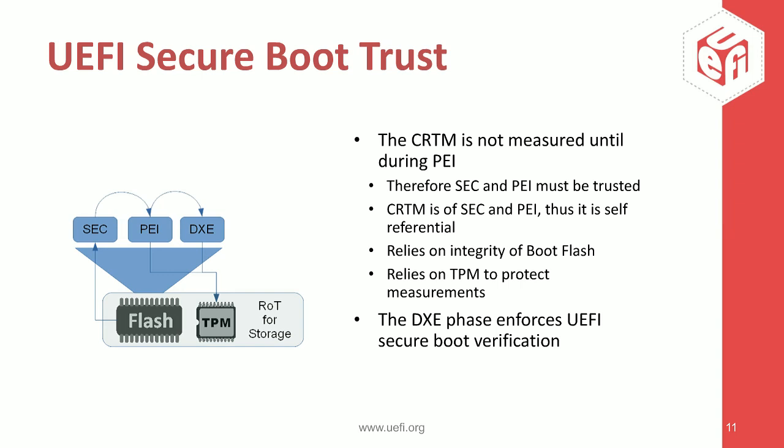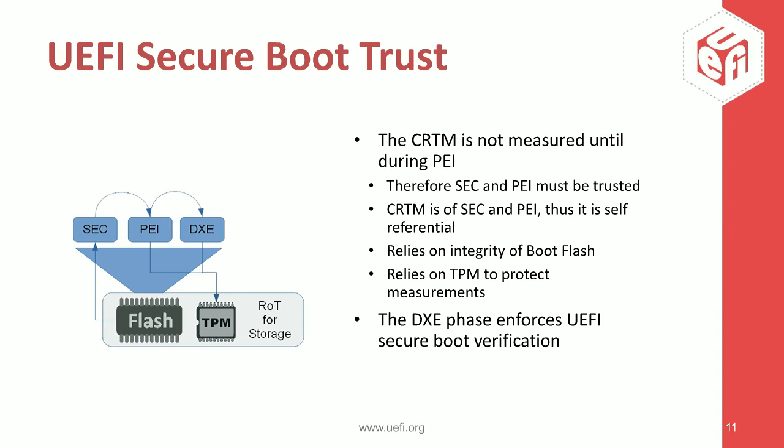The CRTM, core root of trust for measurement, is not measured until during the PEI. So it means that the SEC and PEI code has to be trusted. But the CRTM is of SEC and PEI. So this means that we have a loop here, and it is self-referential.